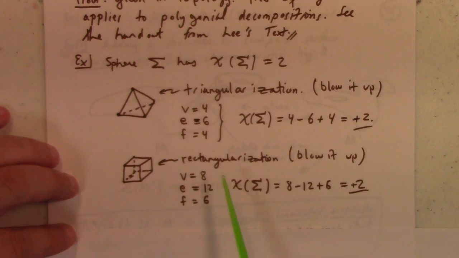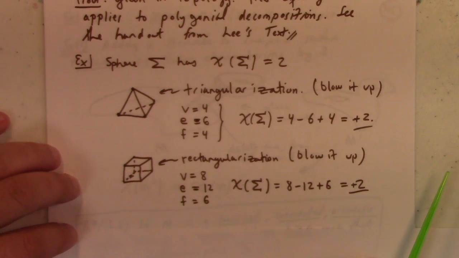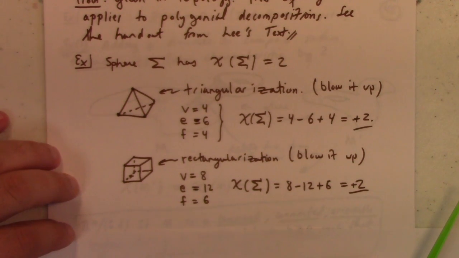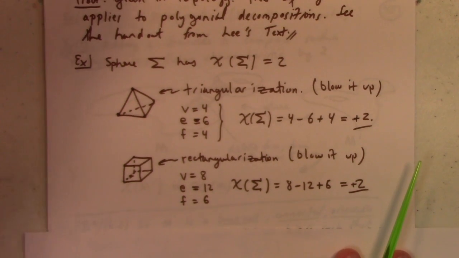But you can imagine blowing it up and getting a sphere, so this gives you a rectangularization. If you do the counting here, we have 8 vertices, 12 edges, 6 faces. It still works out to 2. Of course, that is not a proof of the invariance of the Euler characteristic across different possible rectangularizations of the sphere, but it does make us feel good about it.